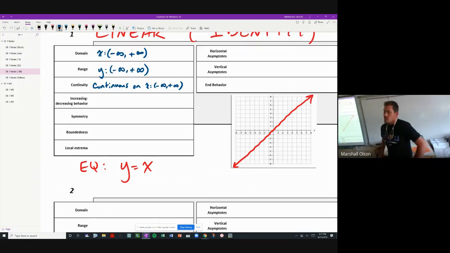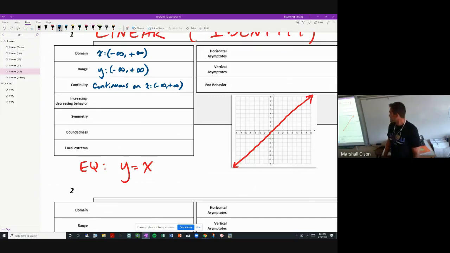So increasing, decreasing, you're basically going to list where is it increasing, where is it decreasing. What would you say about this thing? It's as easy as you think it is. DeWalt, what would you say about this function? About it increasing or decreasing.